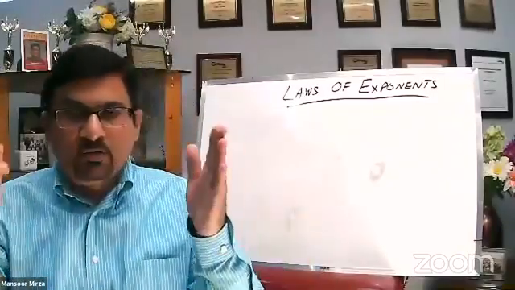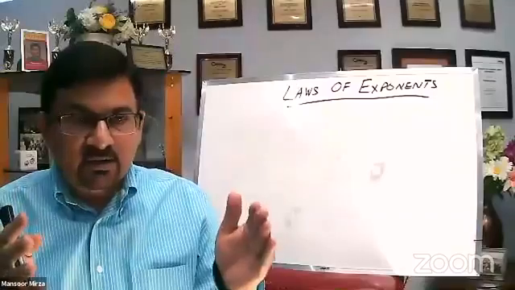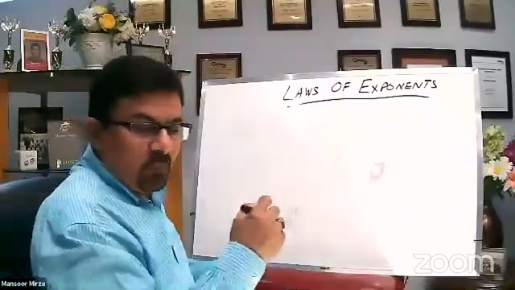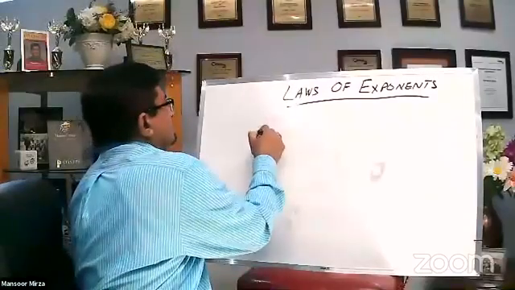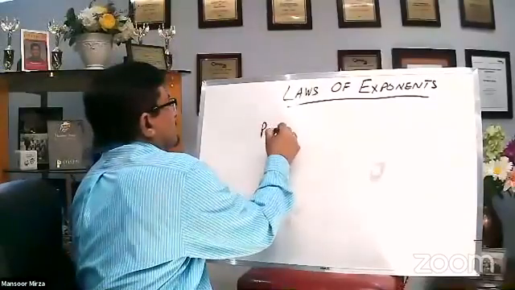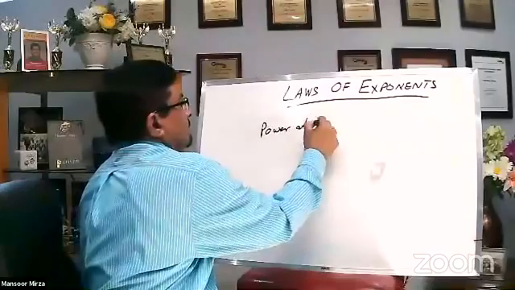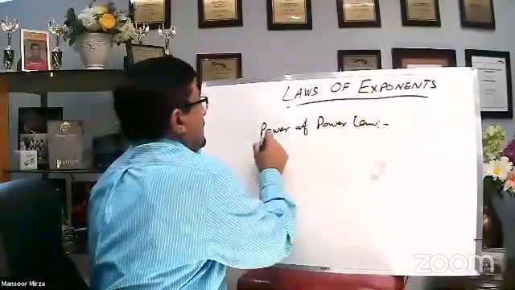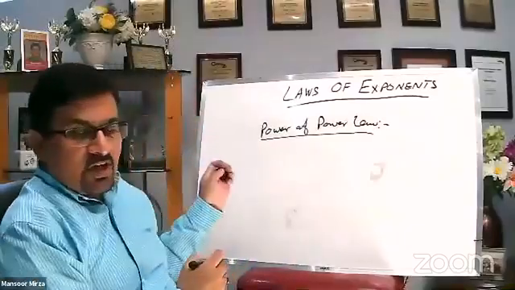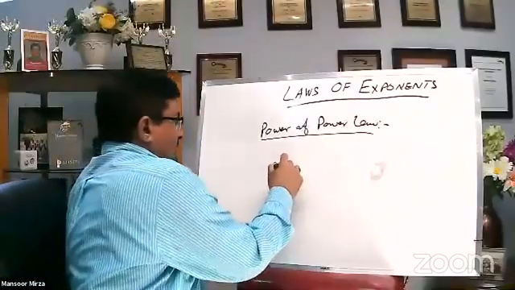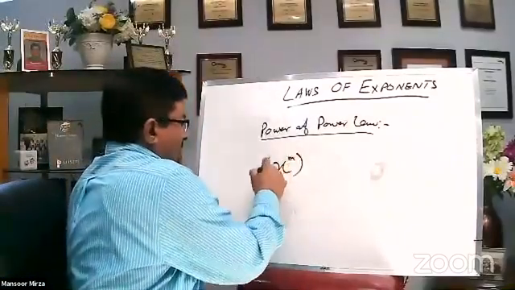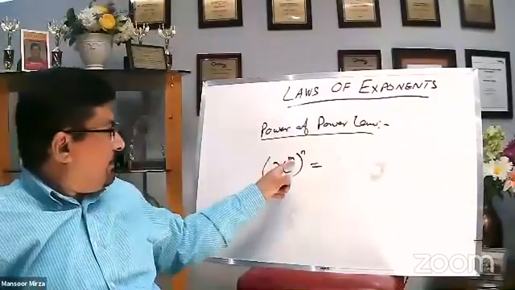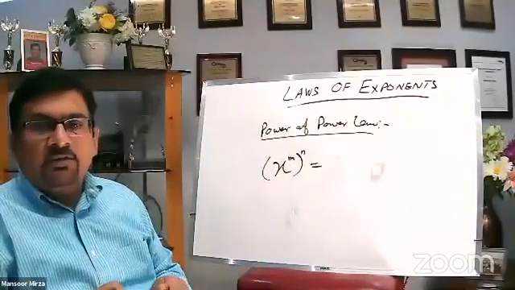Remember, the title usually explains what is coming. So, power of a power law. Obviously, the name is x to the m, in a bracket, and then the power m, and the next power outside the bracket is n.